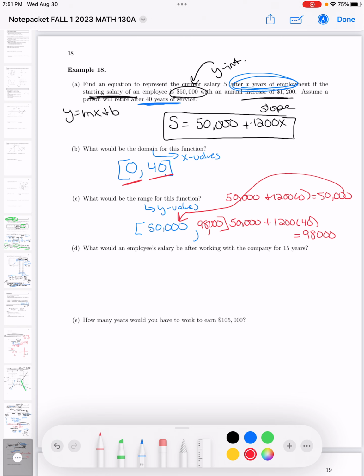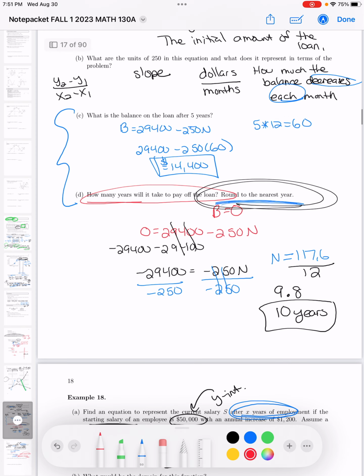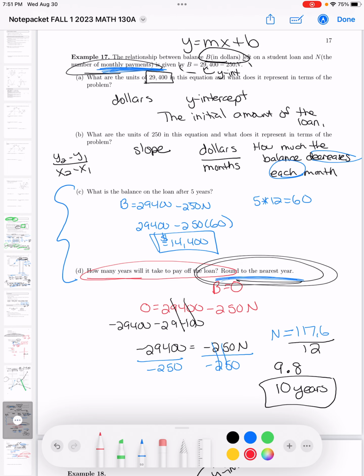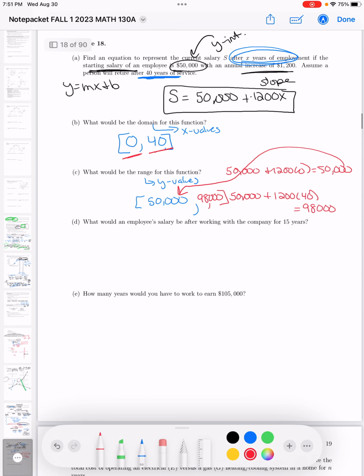Now D and E are very similar here to the C and D we did on that last page of the notes. They're not always in the same order, so don't always assume the easy way comes first. We usually on the written homework or GCA will flip one of them. But do be on the lookout for one hard and one easy for all of these word problems. And the same will be true for the test as well. You'll have an easy one and a hard one.